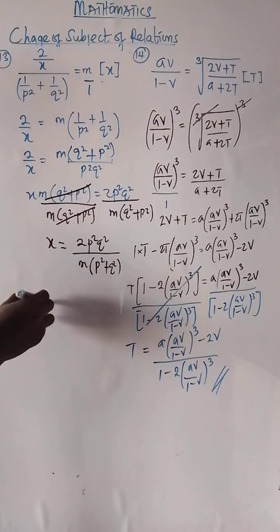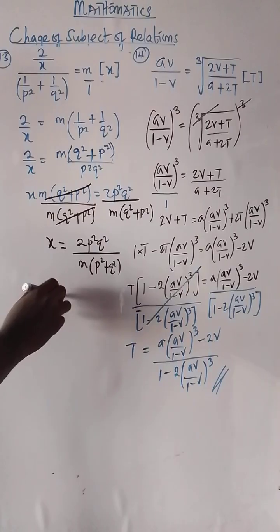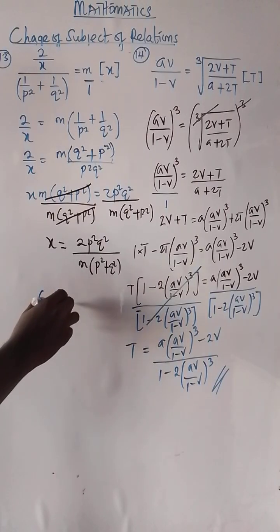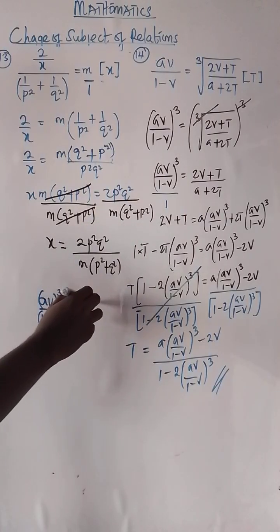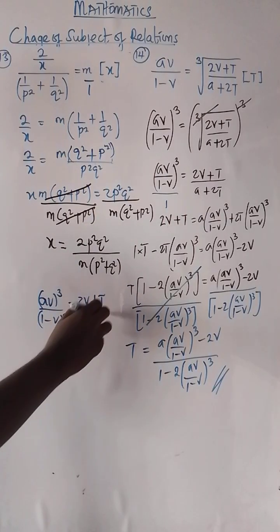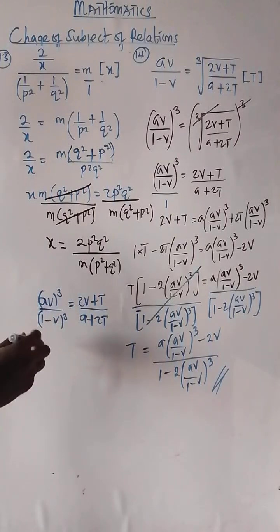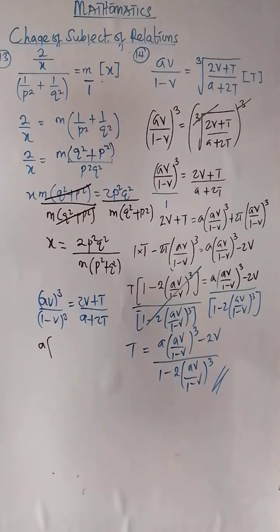So this becomes av all cube over 1 minus v all cube equals to what do you have there? 2v plus t over what? A plus 2t. Then we cannot cross multiply. So let's see what this one will lead us to. So a multiplies the whole of this. So I'll be having a into what? av cube.